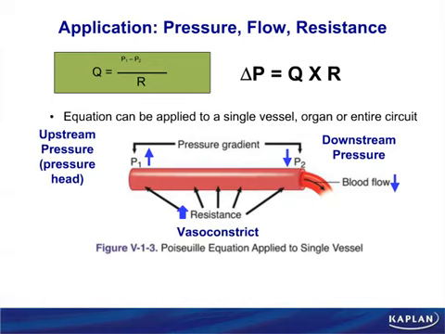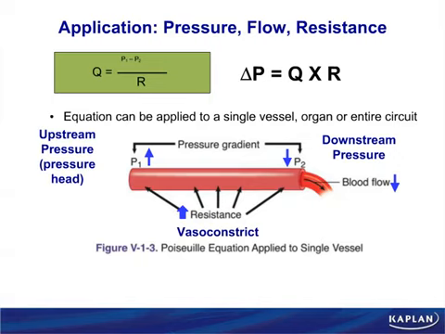I always say it in that sequence because if I rearrange the equation in the green box, it shows pressure, flow, resistance. So I always know how to set up the equation, and then you can move it around algebraically as needed.